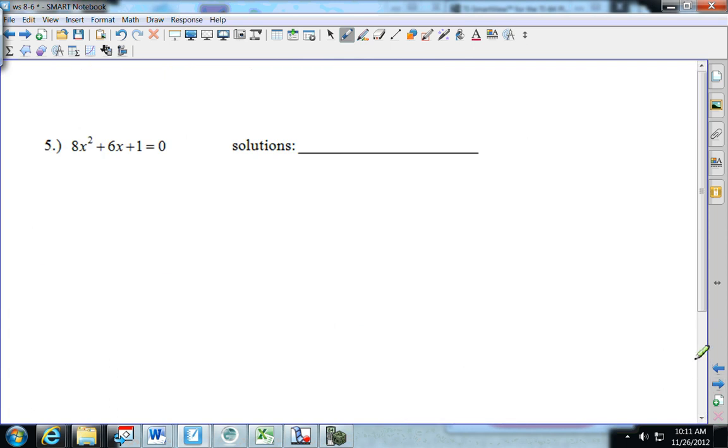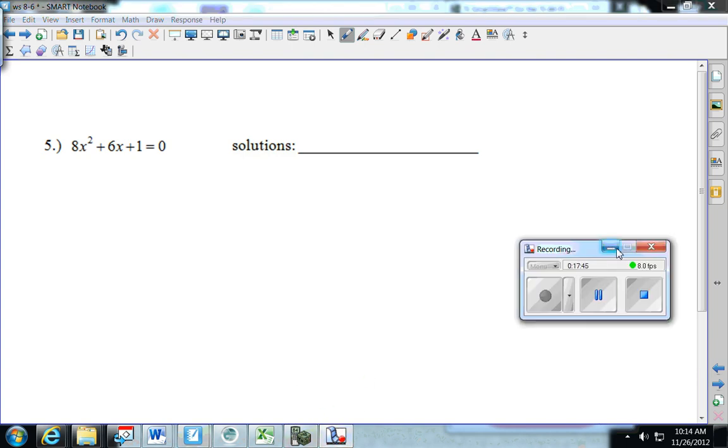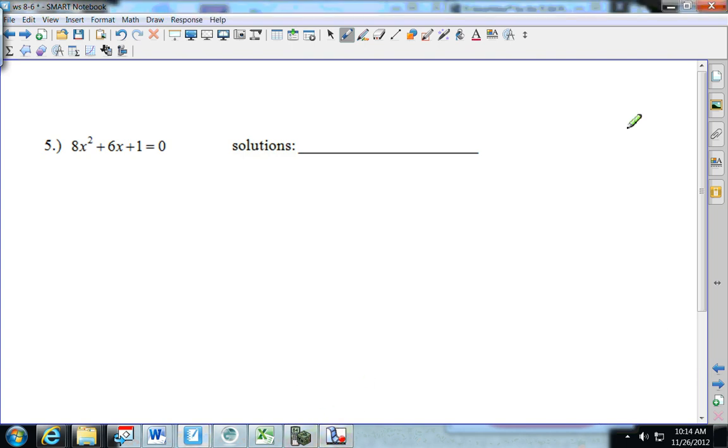Okay, right now, take a minute and do number 5. Okay, so now on number 5, first off, is it in standard form? Yes, it is. It's equal to 0. Second thing, is there a GCF? No. So now I can actually go straight to the box.